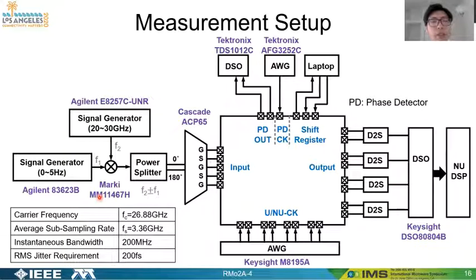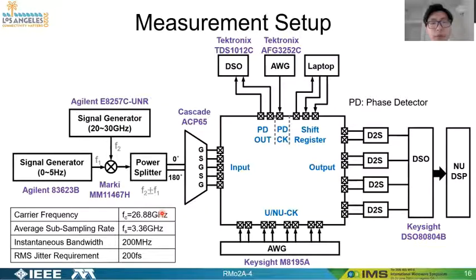Here is the measurement setup of the NUSS receiver. On the input side, a single tone F1 is generated at baseband and up-converted to the millimeter wave band. The mixing frequency F2 is from another signal generator. We have 2 single tones with the same magnitude from the mixer output, which are F2 plus minus F1.